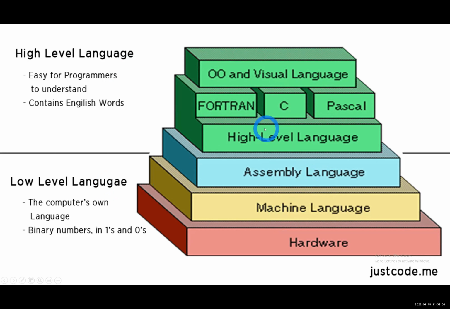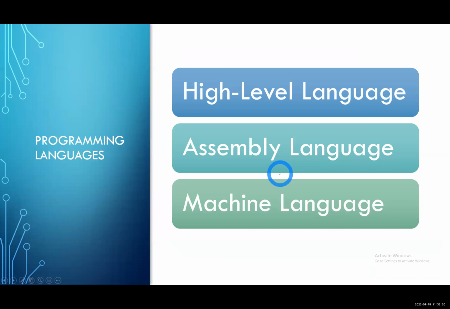We have higher level languages like Java, for example. You see C right here. Now we're even above C, we're on Java. C++ was the next step. The next step above C++ was Java. When you write Java, it's so much easier to understand than assembly language. I think I have an example of that.